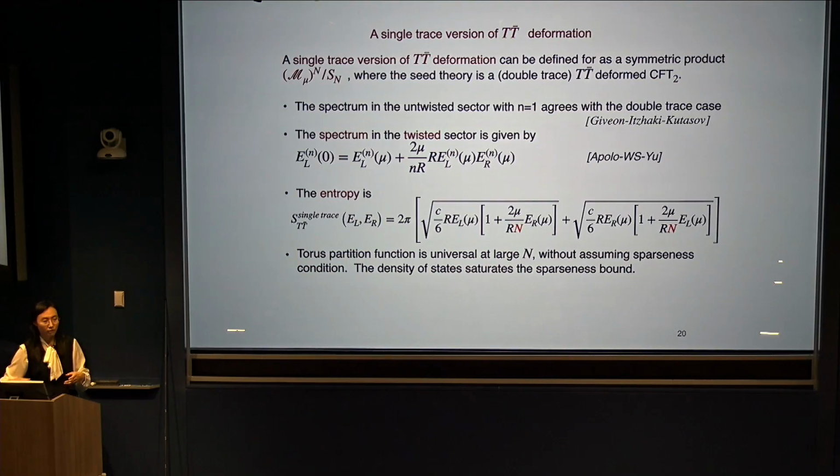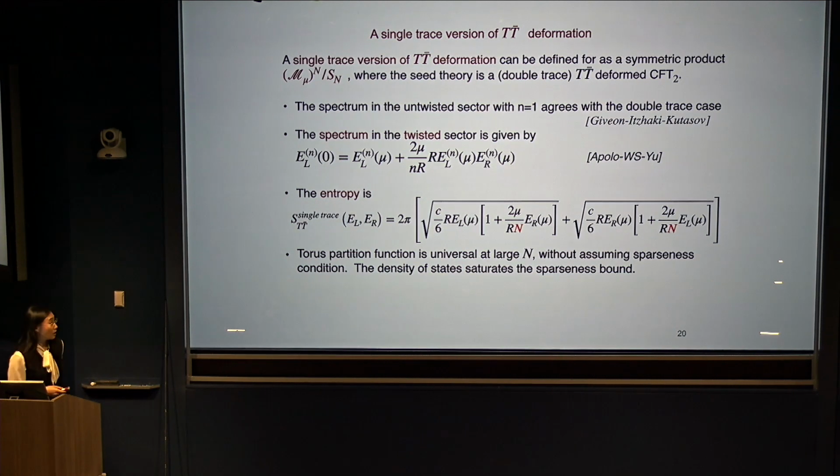And for this new theory, surprisingly, you can still assume modular invariance. If you assume modular invariance, what you can see is that it's very similar to the old story of symmetric orbifold. It requires a twisted sector, and the energy of the twisted sector is related to the untwisted sector in a particular way.